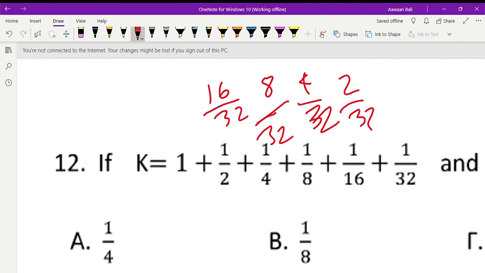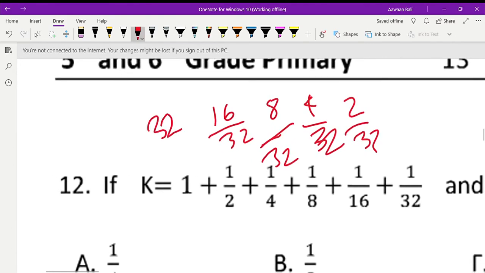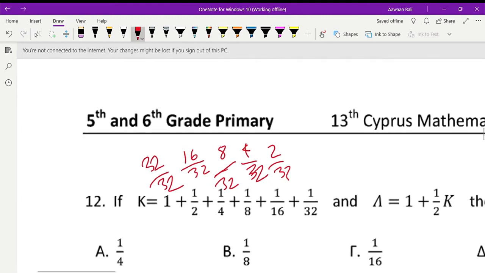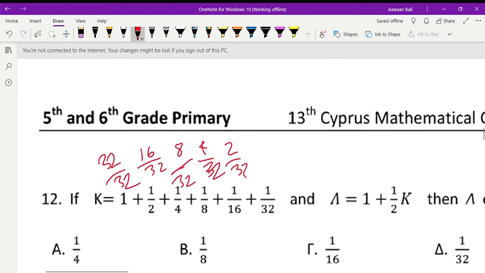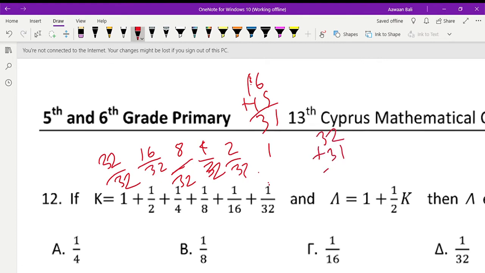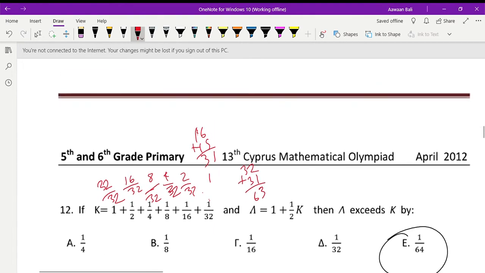And you see how they halve each time. So basically, that's what's happening. So we can do 1 plus 2, 3 plus 4, 7 plus 8, 15, 16 plus 15 is 31. So 32 plus 31 is 63 upon 32.